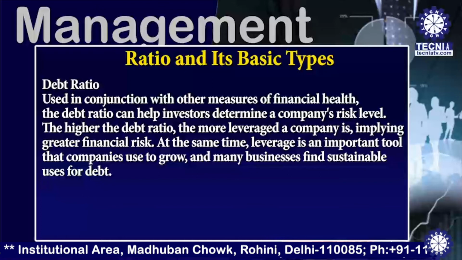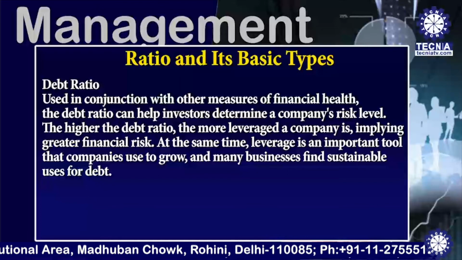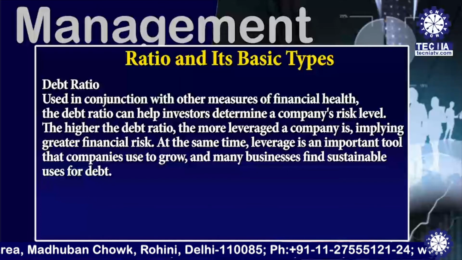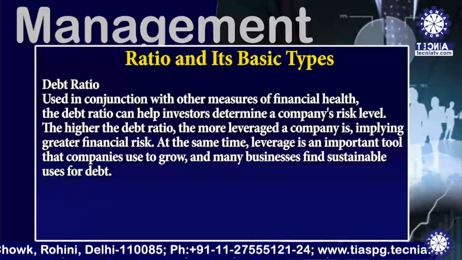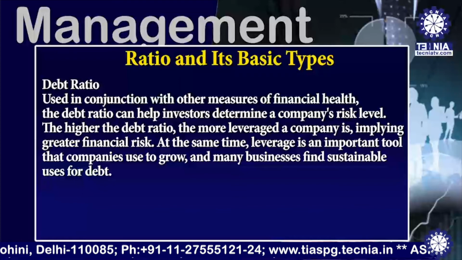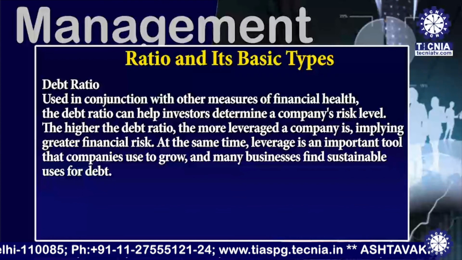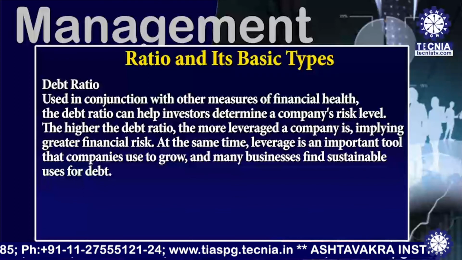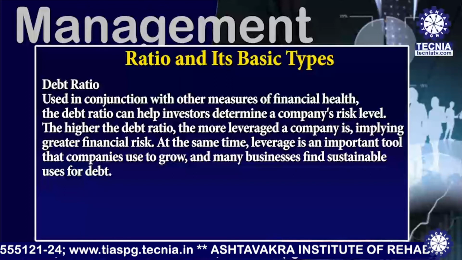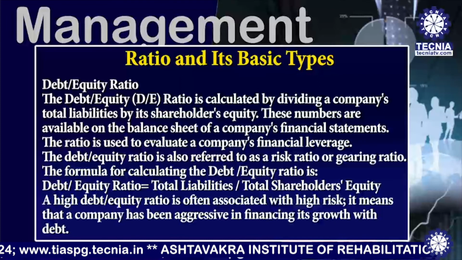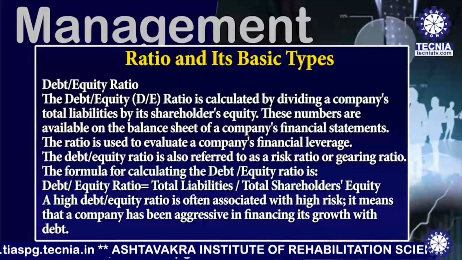The higher the debt ratio, the more leveraged a company is, implying greater financial risk. At the same time, leverage is an important tool that companies use to grow, and many businesses find sustainable uses for debt.